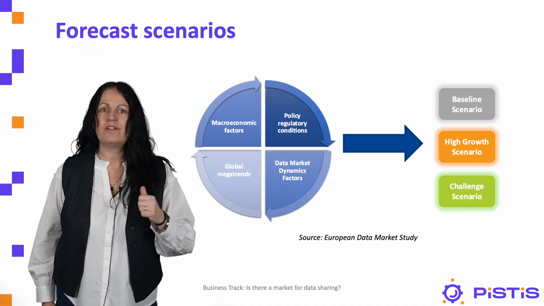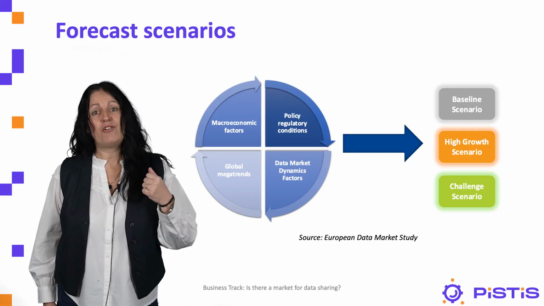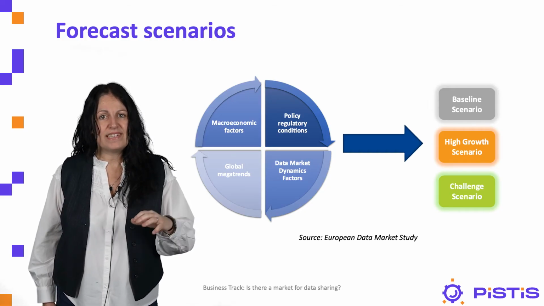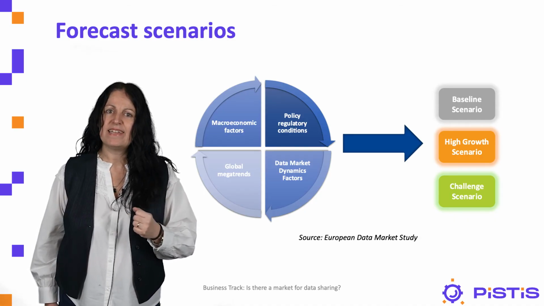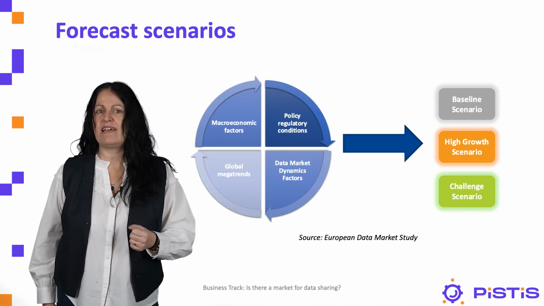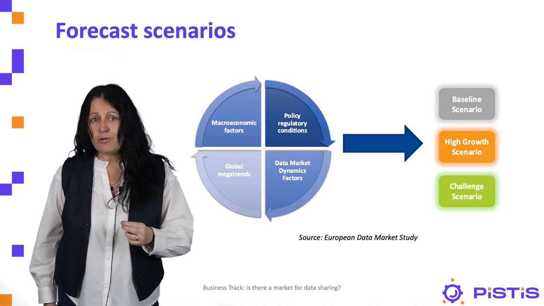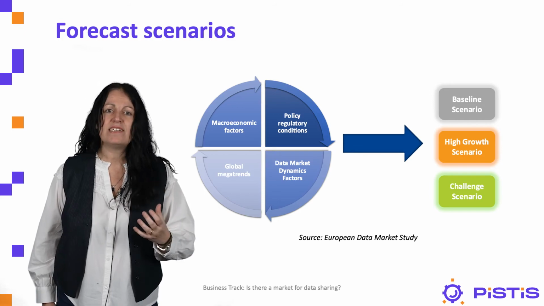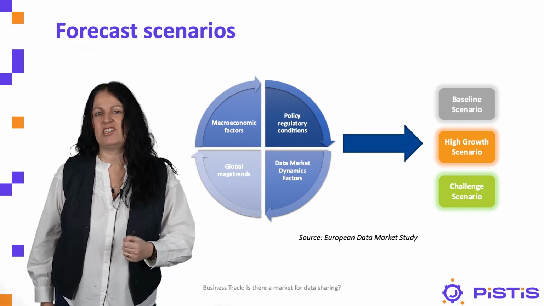These scenarios are, first, baseline scenario, defined by a steady growth trajectory based on current policies and market trends. High growth scenario, a future where data sharing is fully embraced, regulatory frameworks are optimized, and businesses capitalize on the data economy. And finally, low growth scenario, a restrictive environment where concerns about data privacy, lack of incentives, and regulatory constraints limit the potential of data sharing.